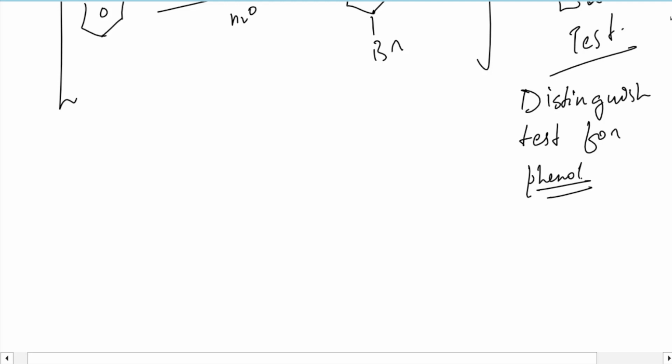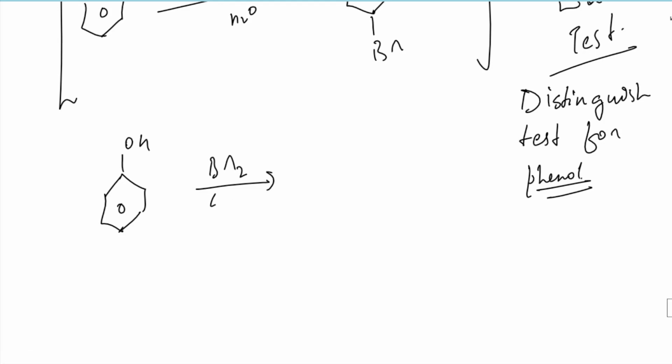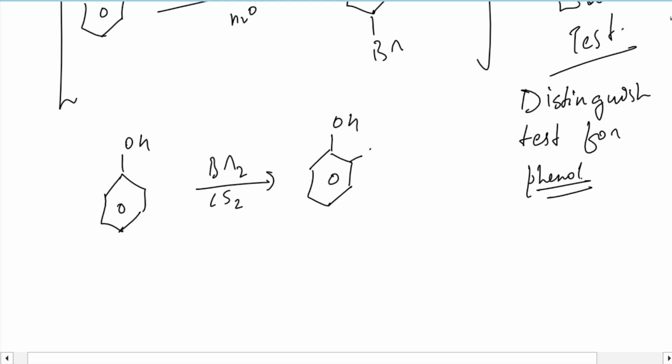Next to this, if we don't want bromine to get substituted on all the three positions, we just want orthobromophenol and parabromophenol, what to do in that case? What we will do in that case is we will use a non-polar solvent here so that less Br positive will be generated. Here the polarity of phenol is responsible for generation of the electrophile, that is Br positive.